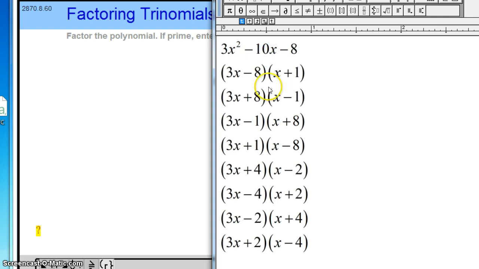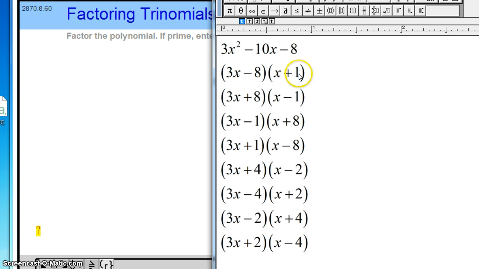So that's what we're checking here. We basically only have to check the O and the I of FOIL because we know the other parts are true. So -8x plus 3x, that's -5x. So we can start crossing off things pretty quickly. So just do the O and the I of FOIL, right?